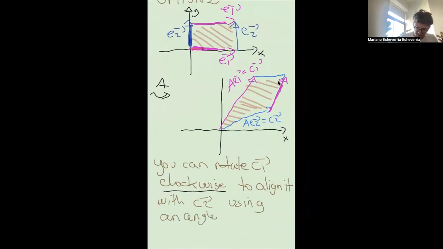Is that making sense? In one situation you need an angle less than 180 counterclockwise, and in the other situation you need an angle less than 180 clockwise. What changes is that one is counterclockwise and the other is clockwise.